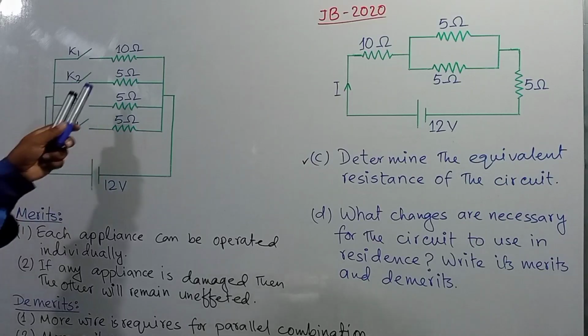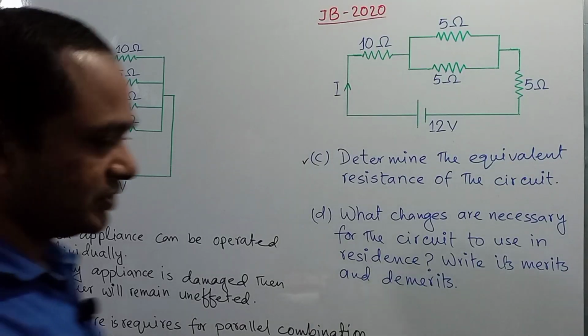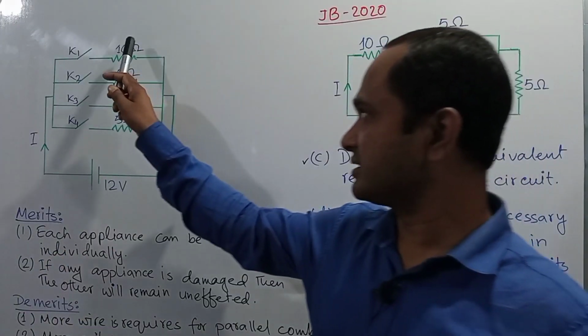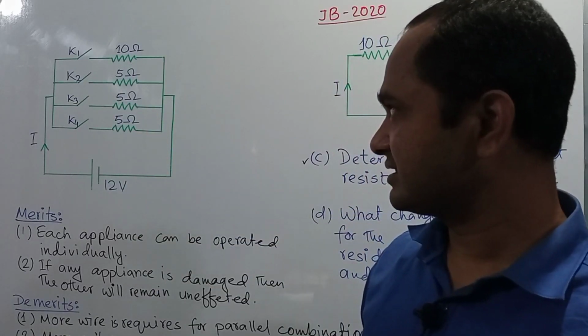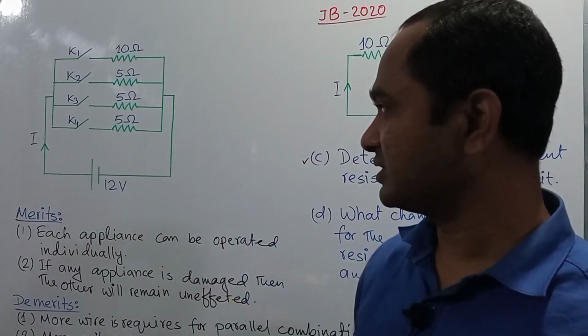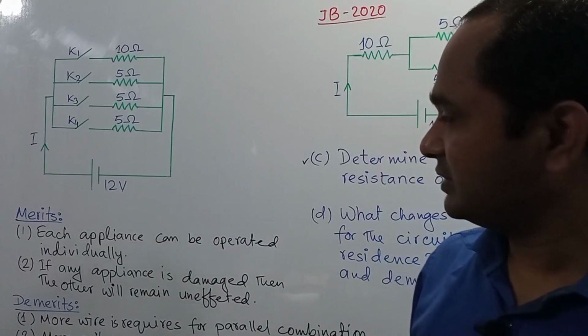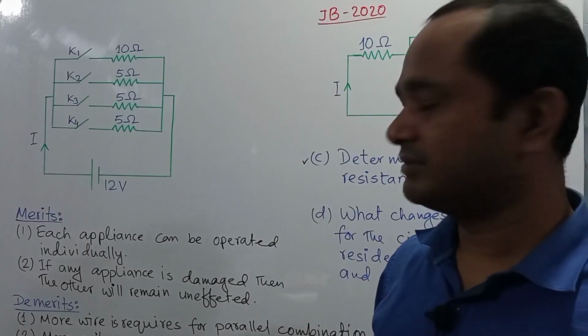Every resistance is an appliance. Suppose we are using 4 appliances in our home. First one indicates a light, second one a fridge, third one a fan, and fourth one a television, right? For every appliance there are individual switches.